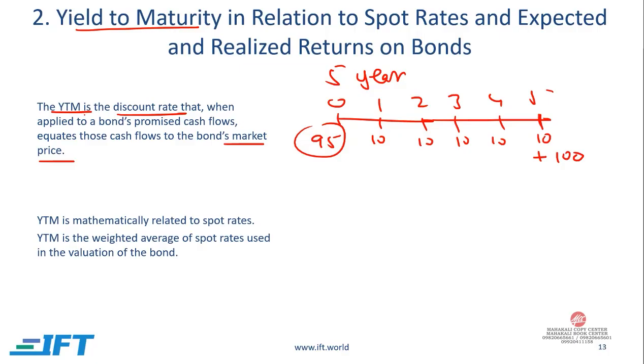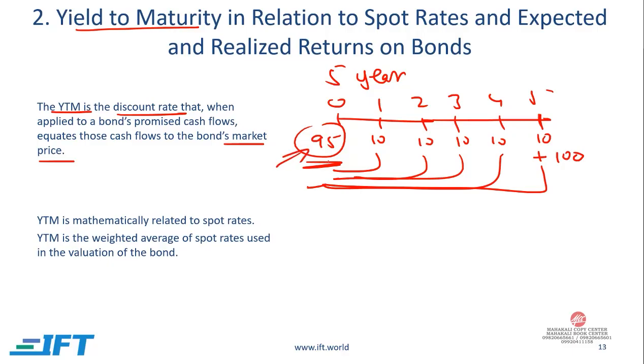The YTM is the single discount rate that, when applied to all these cash flows, will give a price of 95, which is the current market price. So that YTM can be calculated using a financial calculator. Again, it is a single annual yield, which, when applied to all the cash flows, gives us the current market price.